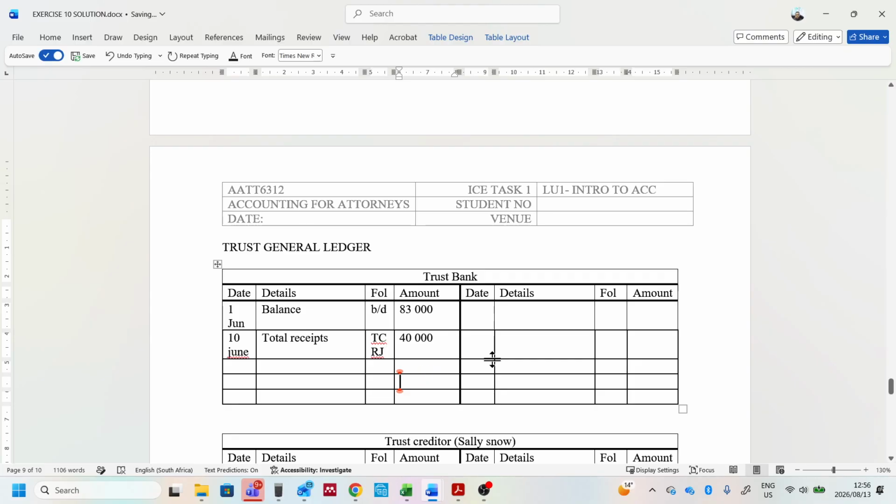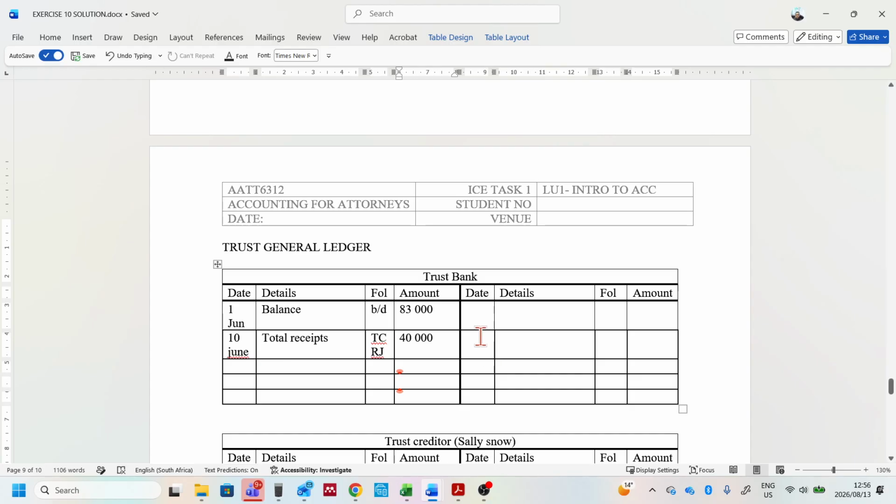Then we said that at the end of the month, there was money that was transferred from Trust Bank to what? Business Bank. That transaction would have been recorded in your Trust Cash Payments Journal. But you do not have the Trust Cash Payment Journal. You were not required to prepare it, but it was going to be recorded in that journal.